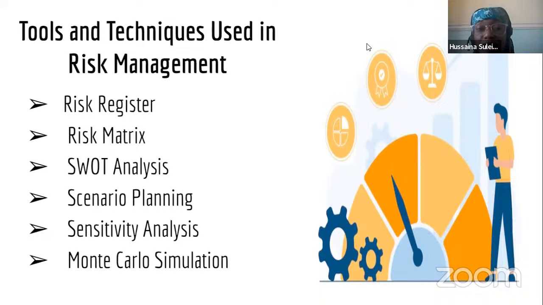Then we have risk matrix. A risk matrix also categorizes a risk based on the level of that risk and the impact. So it's also like a chart, like a table as well.